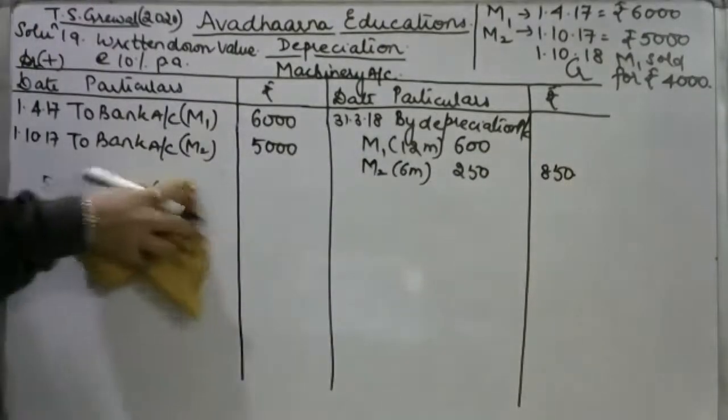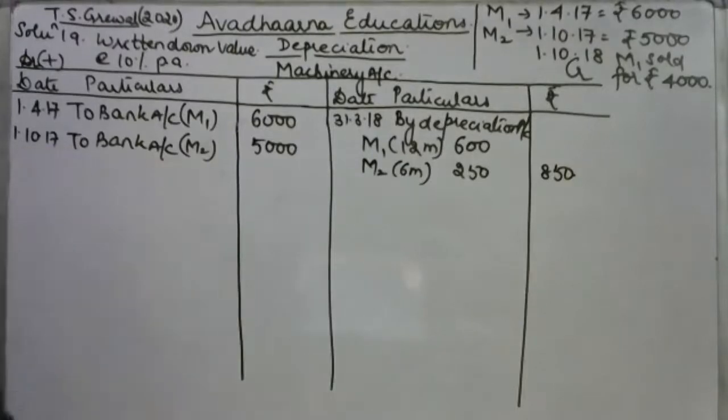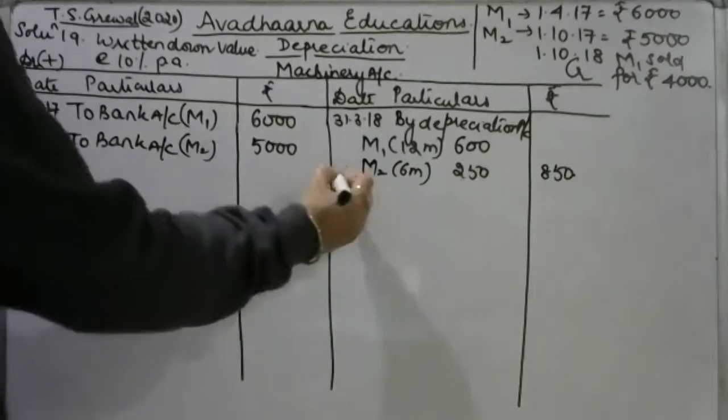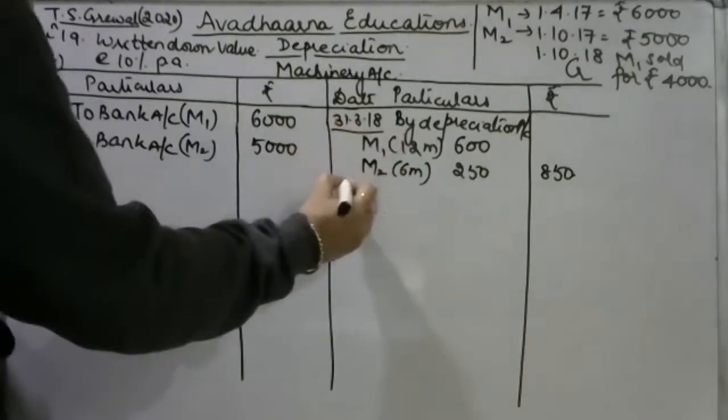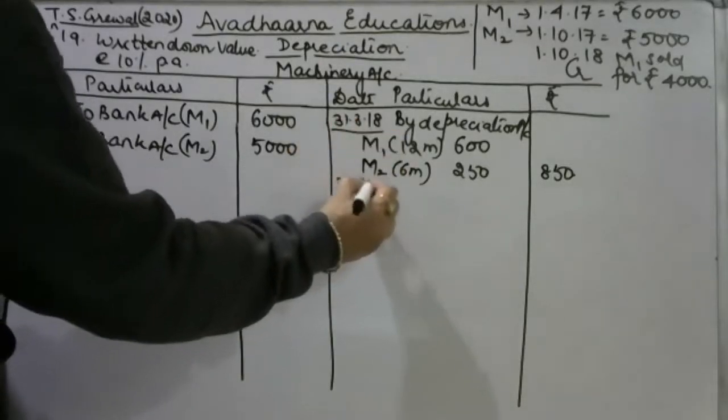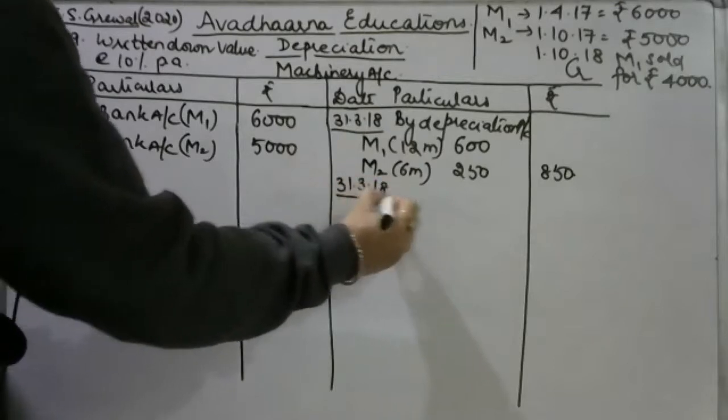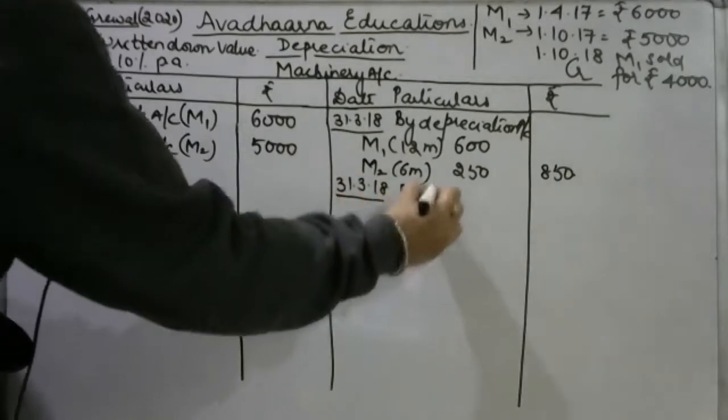And now let's calculate the balancing figure at the end of the first financial year. So on 31st of March 2018, by balance closed down.